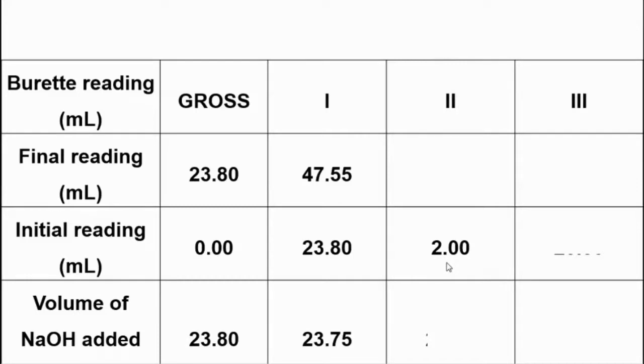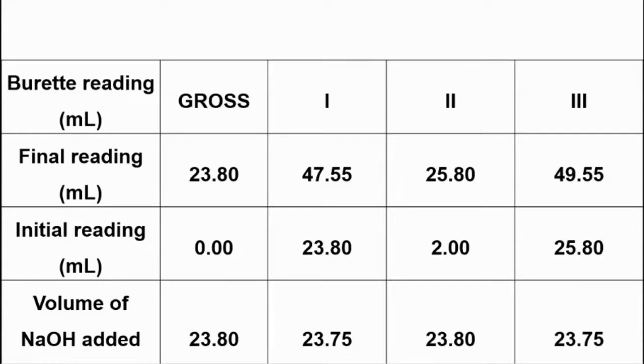Then the titration begins and it stops at 25.8, which is the end point in this case. Once we calculate this, 23.8 ml of sodium hydroxide added. Then from 25.8, we continue with the titration, and it stops at 49.55 ml, and the volume is 23.75.